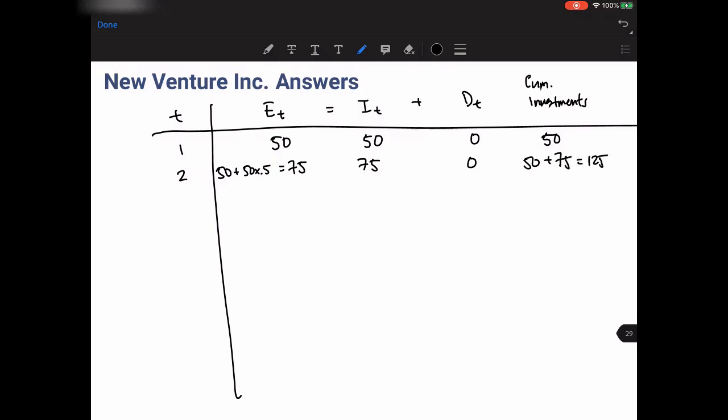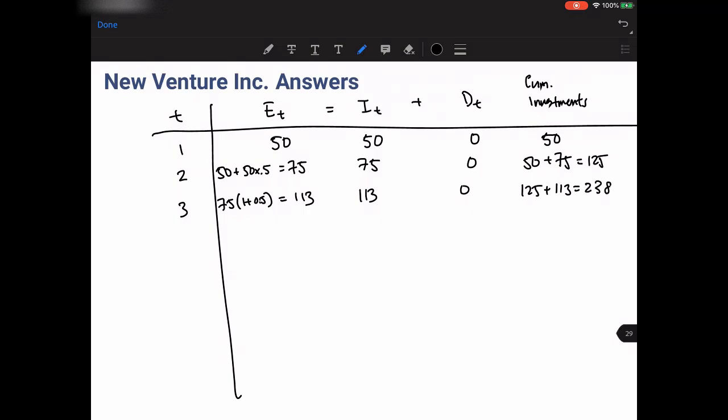I'm just going to do this quickly because I don't want to recite all of these numbers. So the third year we will get 75 times 1 plus 0.5, right? Equal, I'm rounding here, so I'm going to write 113. And all of it goes into investments, and cumulatively that's going to give me 125 plus 113, 238.